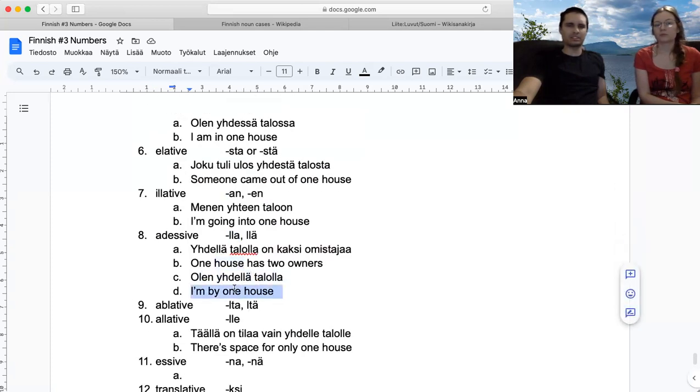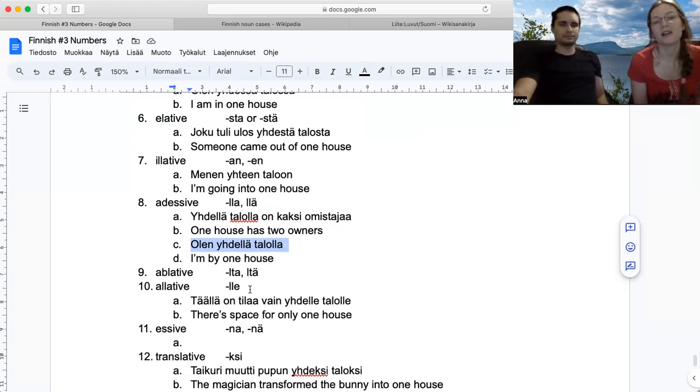I'm by one house. It sounds a bit weird, but it's actually correct. You would more often say, I am close to one house. Olen yhden talon lähellä. Lähellä is close, but basically this is correct. But olen yhdellä talolla. But usually this la case, when we're talking about places, it means when something is on a surface or something.